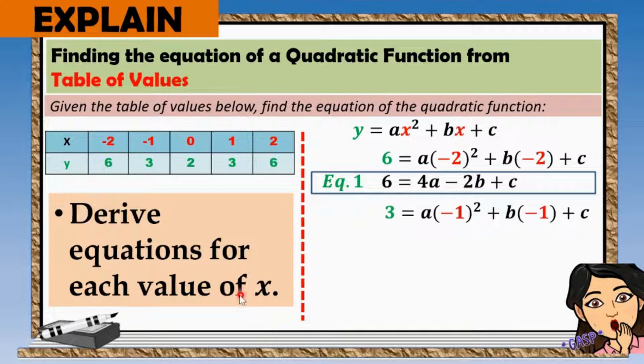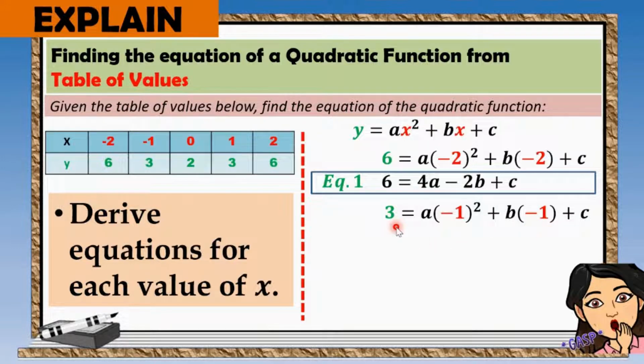Next, our equation 2, value of x is negative 1, value of y is 3. So, substitute lang natin dito sa equation na to. We have 3 equals a times negative 1 squared plus b times negative 1 plus c.